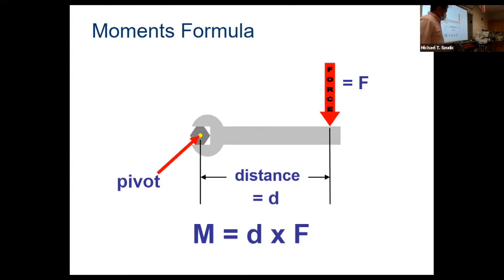Now, any of you math nerds out there taking calculus, this is actually where the cross, the multiplication symbol that you've always used, is different from multiplication in other ways. That's actually called a cross product. You don't need to know that.